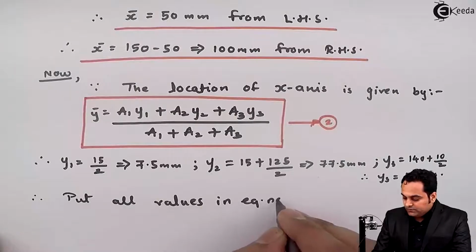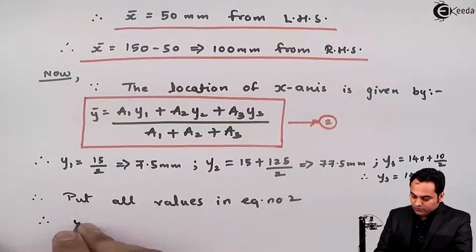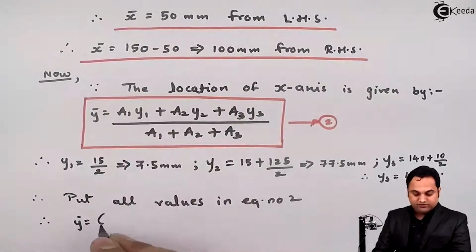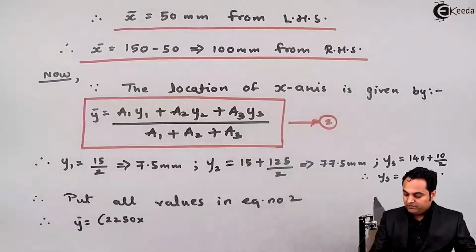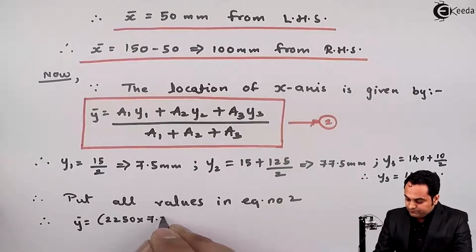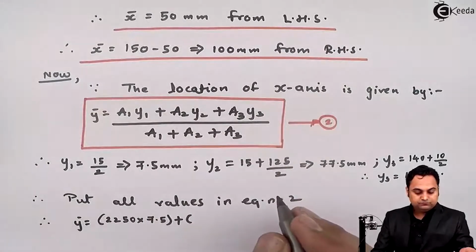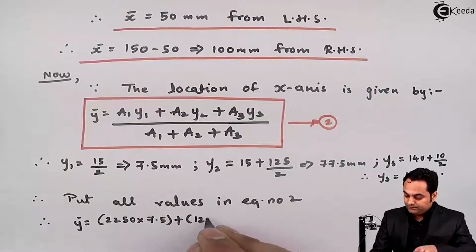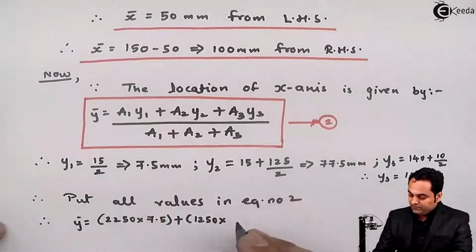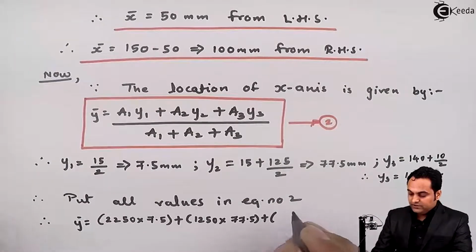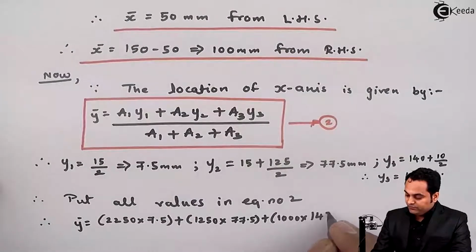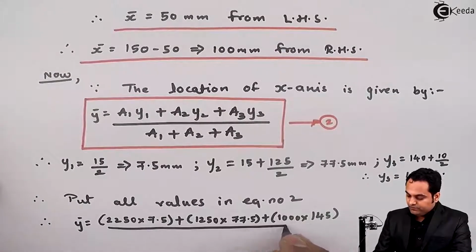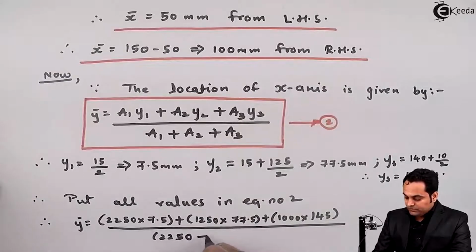So now after getting y1, y2 and y3 values, I put all values in equation number second. So y bar will be equal to area 1, which we have found out, it was 2250 into y1 is 7.5, plus area 2, that was 1250 into y2 77.5, plus area 3, that was 1000 into y3 is 145, divided by area 1 plus area 2 plus area 3.